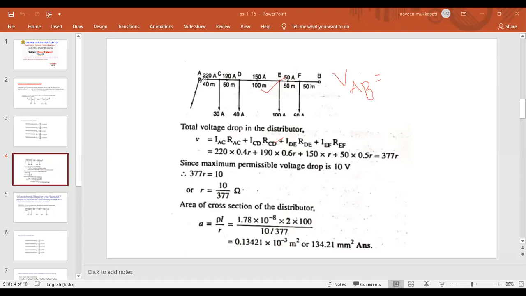How many sections are there? We have the AC section, CD section, DE section, EF section and FB section.